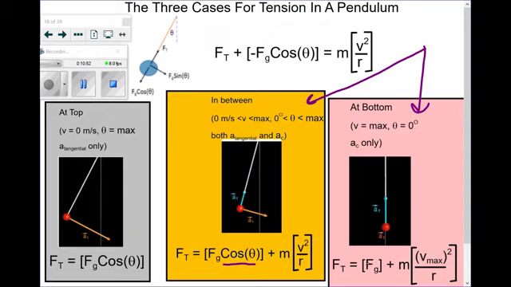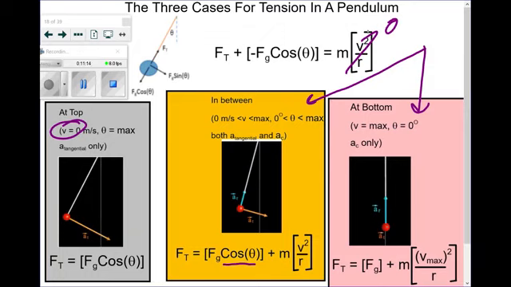If I'm at the very top, at the amplitudes, then my velocity is 0. If that's the case, then my centripetal acceleration is 0, which means my net force is 0, and my tension force and my Fg cosine theta need to balance out.